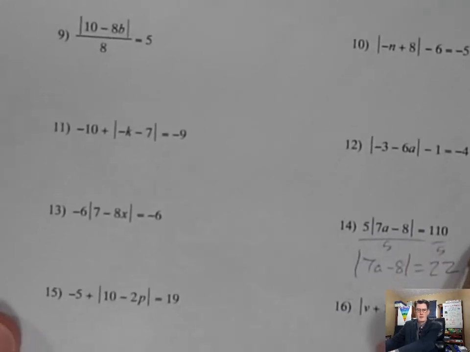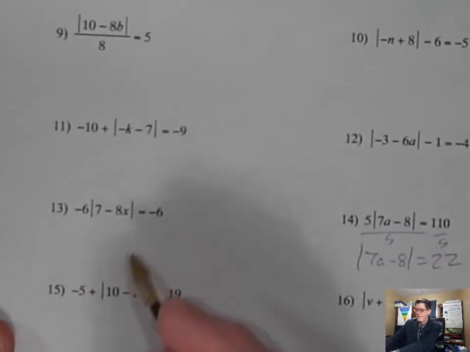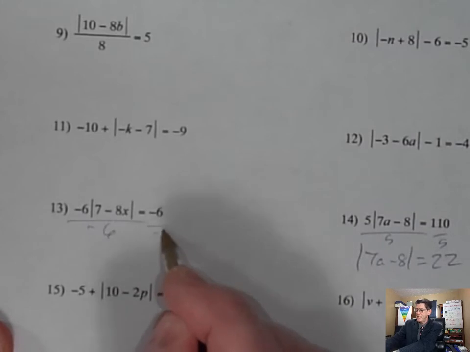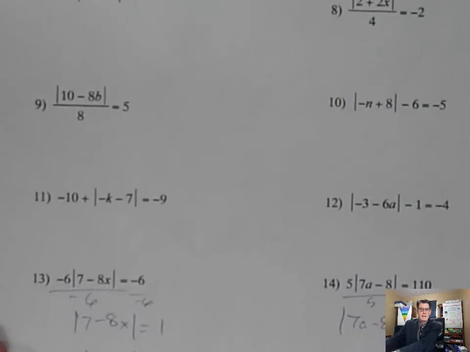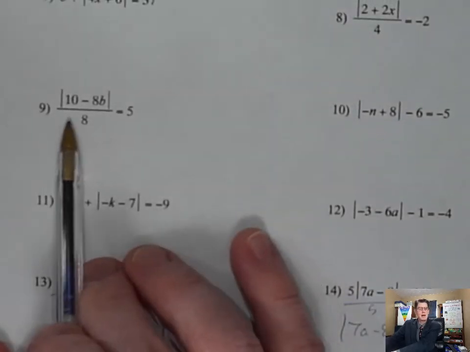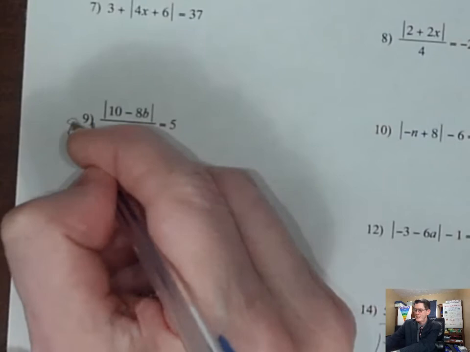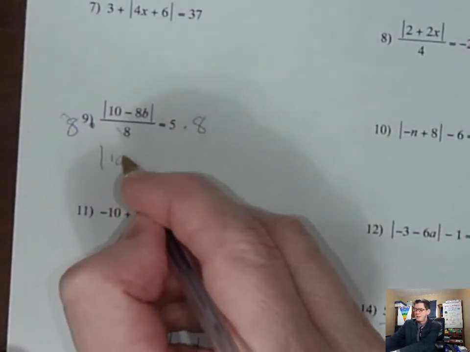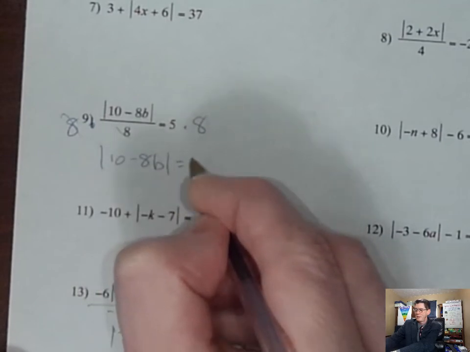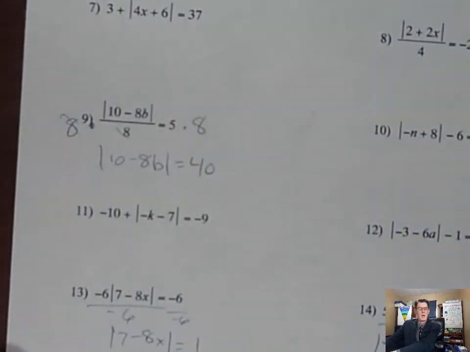Where's another one? Right here. First of all, divide the entire side by -6, so that the 7 minus 8x goes to 1. Up here, if the entire side is divided by an 8, then times the entire side by the 8 to give you the 40 on the right side.